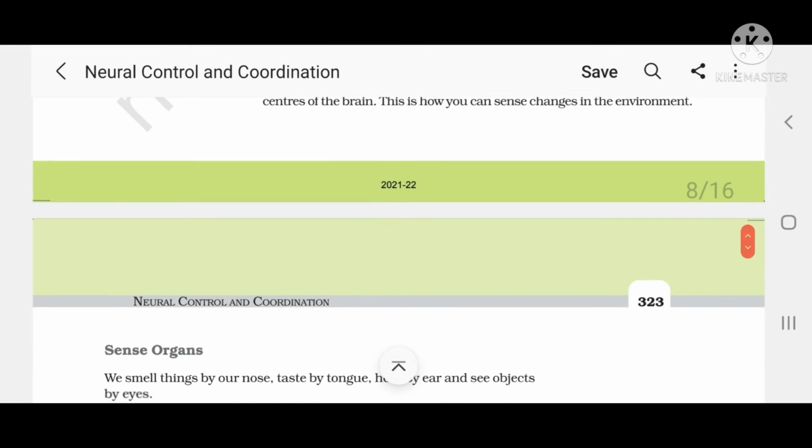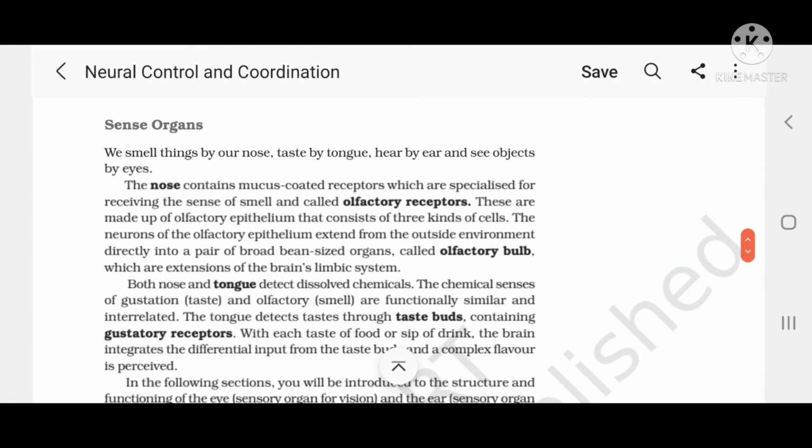Sense organs. We smell things by our nose, taste by tongue, hear by ear, and see objects by eyes. The nose contains mucus-coated receptors which are specialized for receiving the sense of smell and called olfactory receptors.